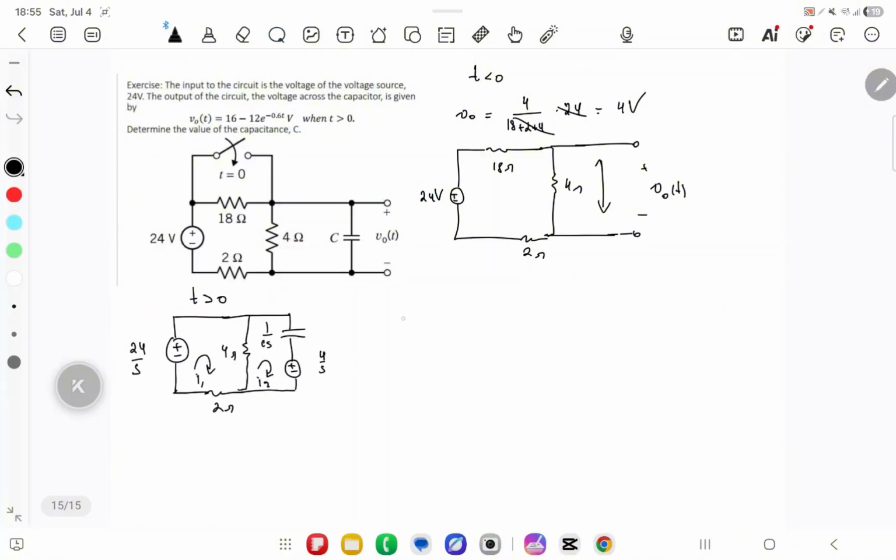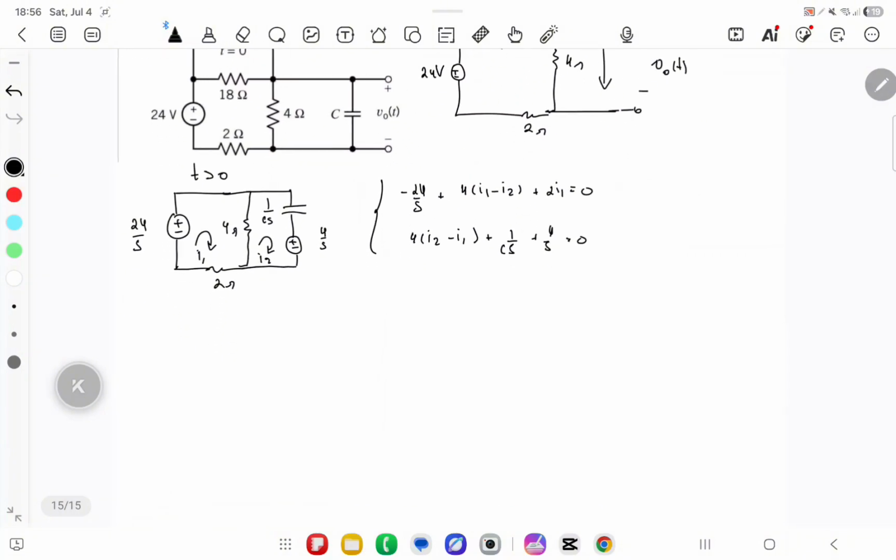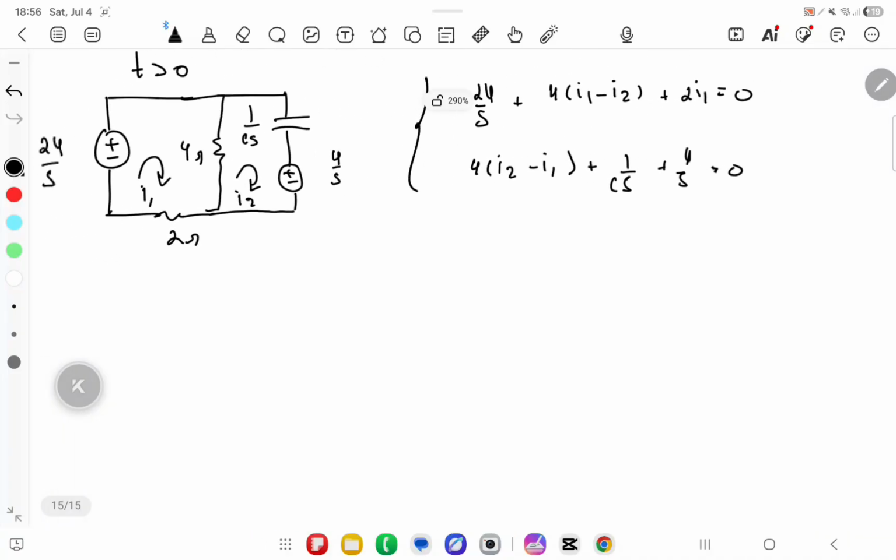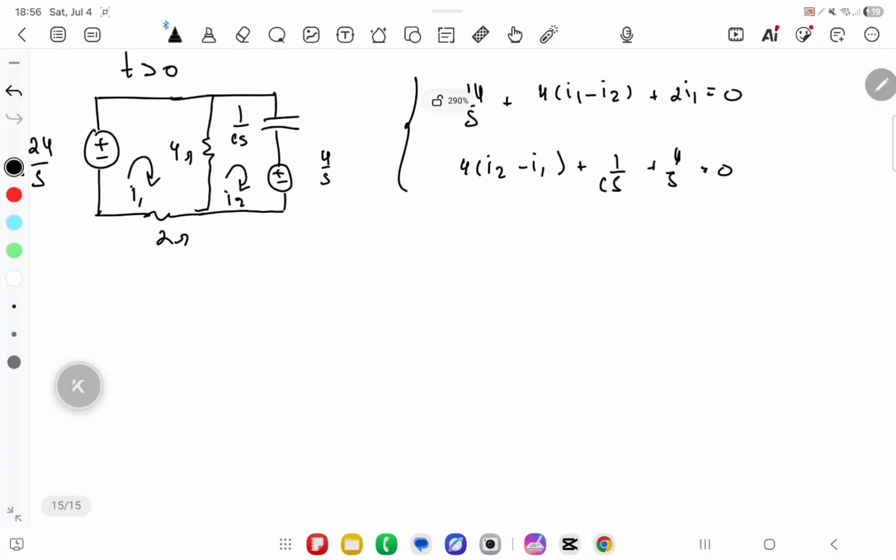So it will be minus 24 over S plus 4 I1 minus I2 plus 2I1 is equal to 0, and 4 I2 minus I1 plus 1 over CS plus 4S. So first, I like to find what is I1 is equal to.